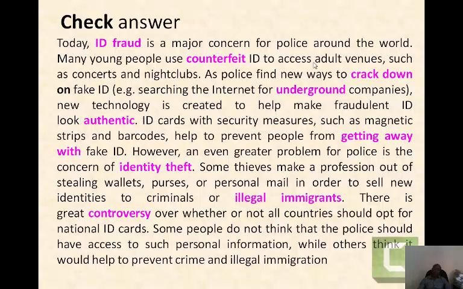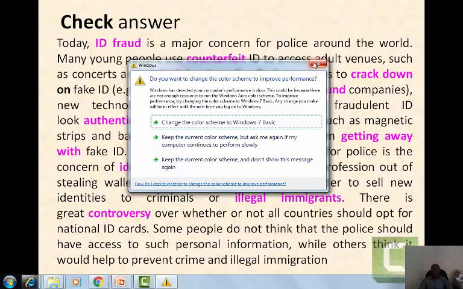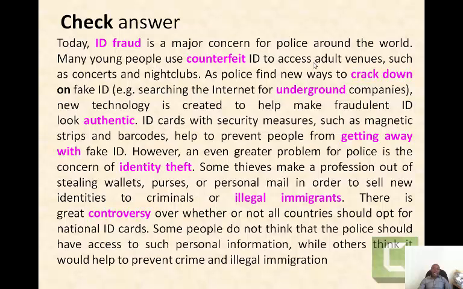As the police find new ways to crack down on fake ID, for example, searching the internet for underground companies, new technology is created to help make fraudulent ID look authentic. ID cards with security measures such as magnetic strips and barcodes help to prevent people from getting away with the fake ID. However, an even greater problem for police is the concern of identity theft.